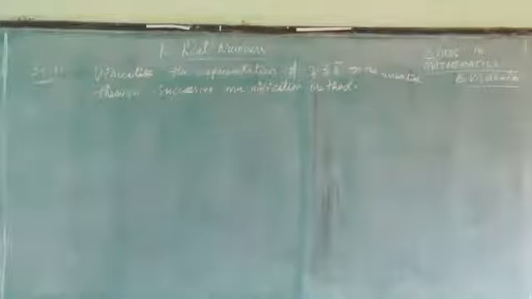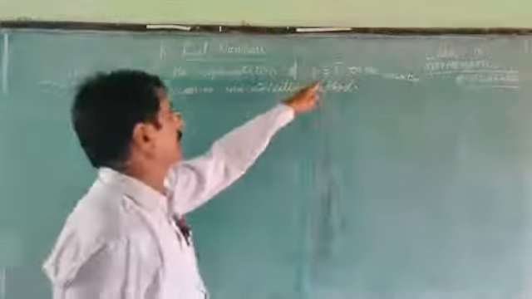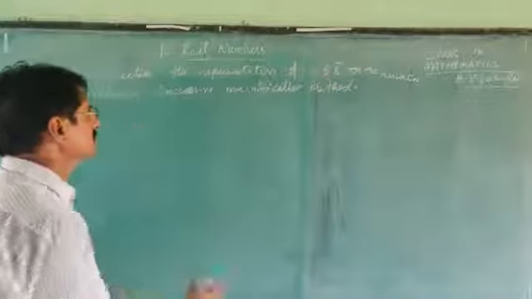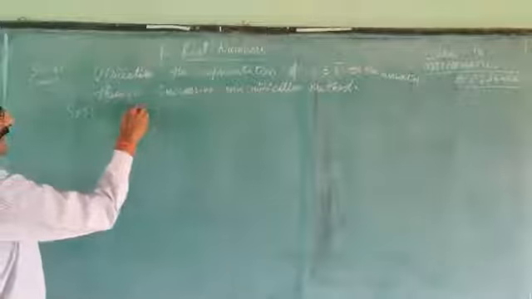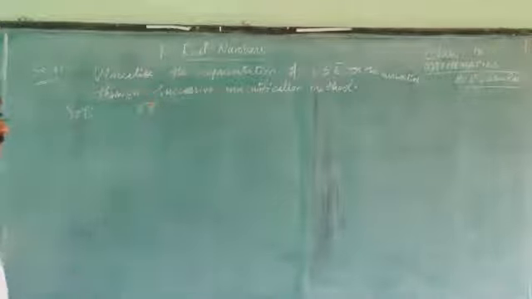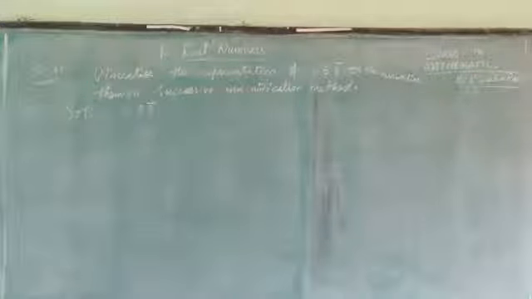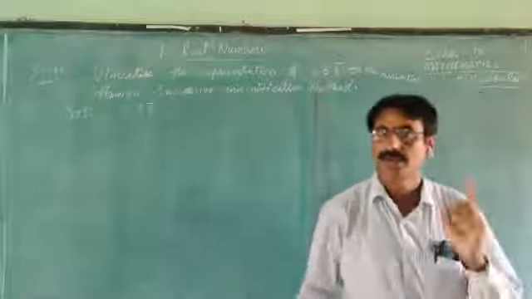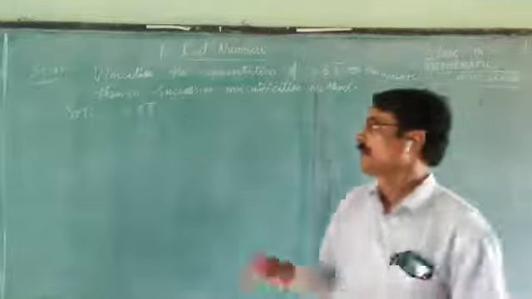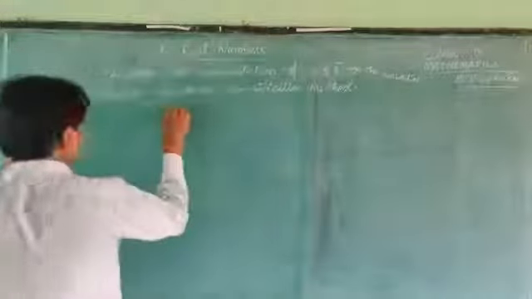Next question. To locate the given number, which type of decimal is this one? 3.58 bar, with the bar on 8 only. It is a non-terminating recurring number. We can expand this one.